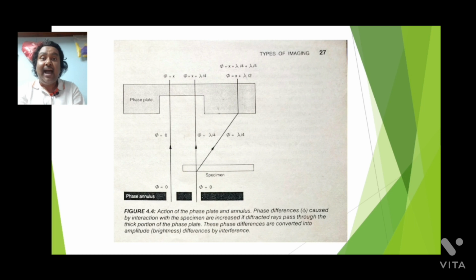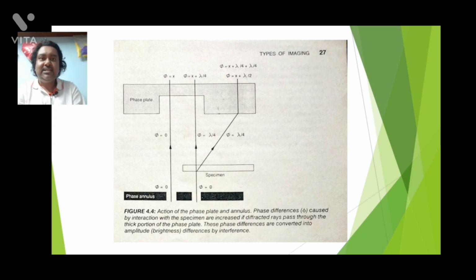This is the advantage of phase contrast microscopy: the conversion of phase changes up to lambda by 2 creates a greater image, and unstained specimens can be seen with the help of the phase contrast microscope.